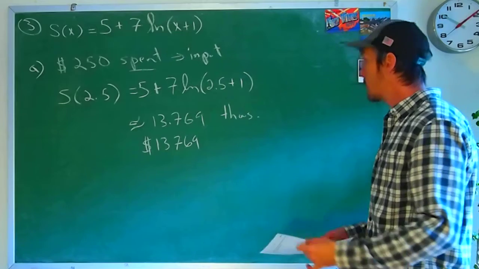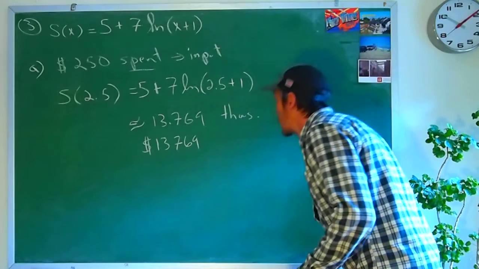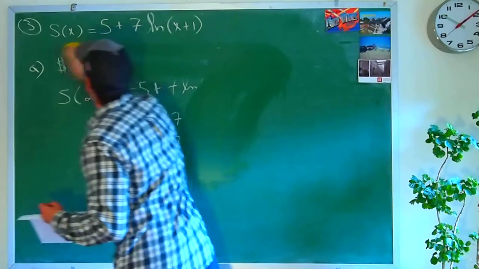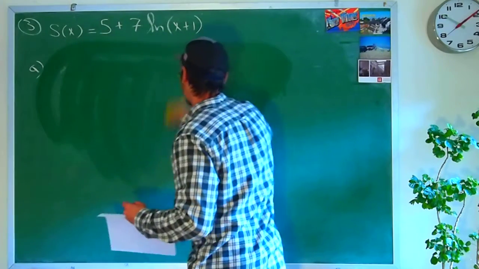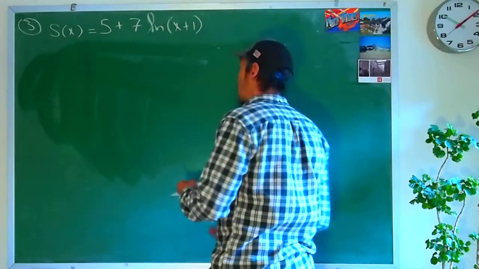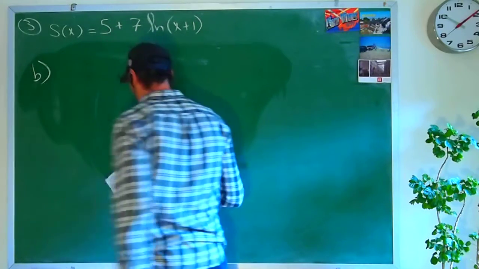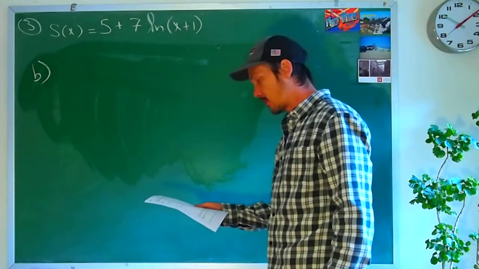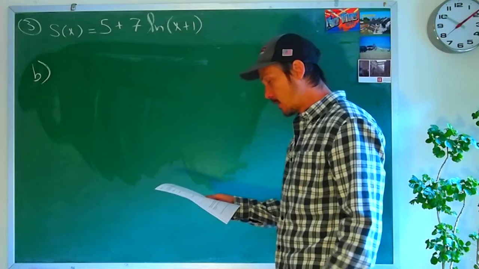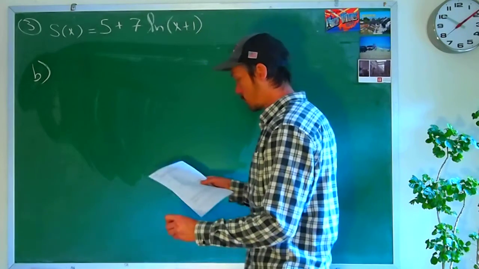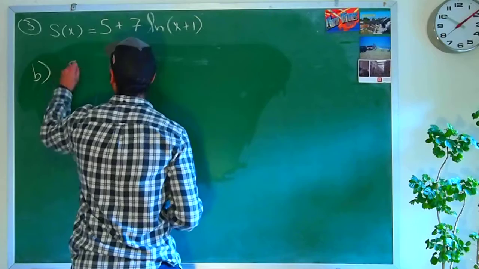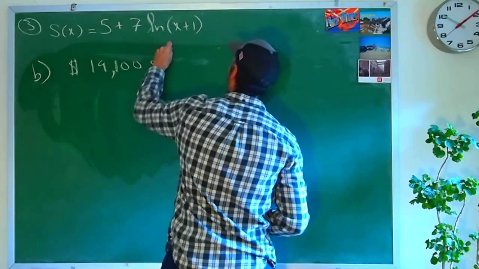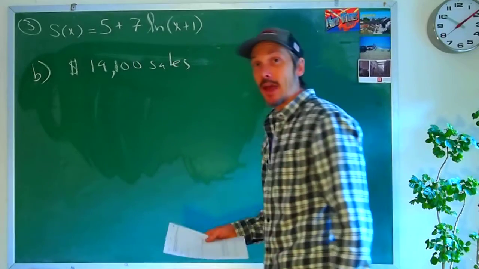Now for part B, I'm going to have to erase this. We'll go ahead and do part B, where we are looking for a different value. Okay, so in part B, the question says, if the sales total $19,100, how much was spent on advertising? So that $19,100 is a sales number, and that is the output of the function.